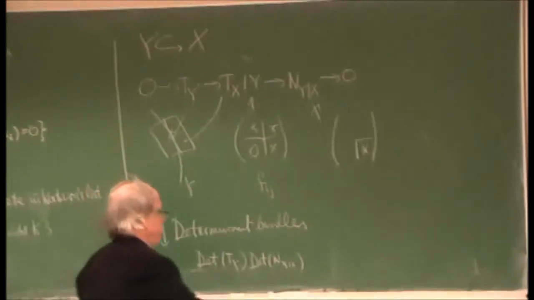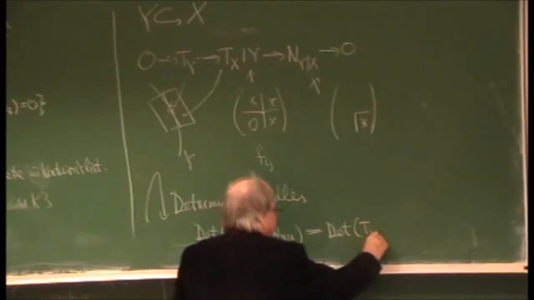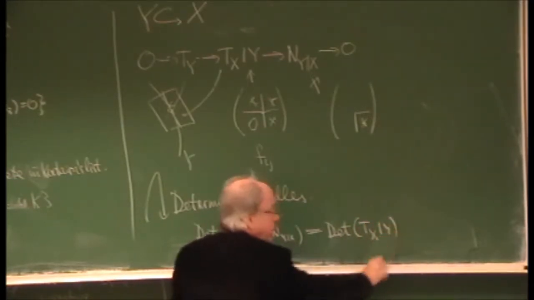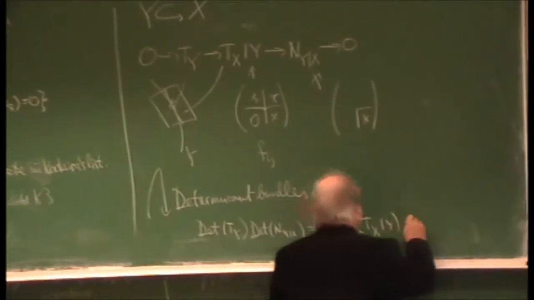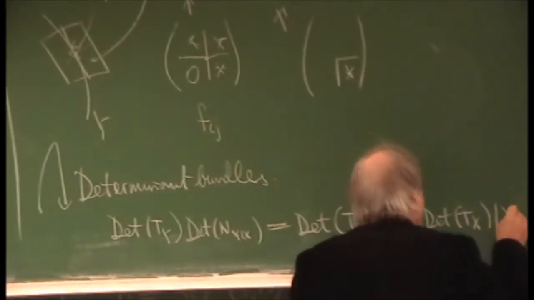That gives you the determinant bundle of the tangent bundle of X restricted to Y. And if you check it, this is the same thing as the determinant of the tangent bundle of X restricted to Y.